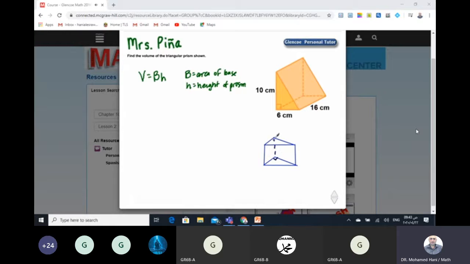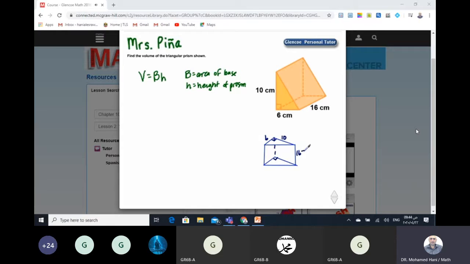This is my right angle. This is my right angle. So this smaller side will be 6. This side here, which is perpendicular to 6 from the figure, is 10. And the length of this side is now the height of the prism, which is 16.